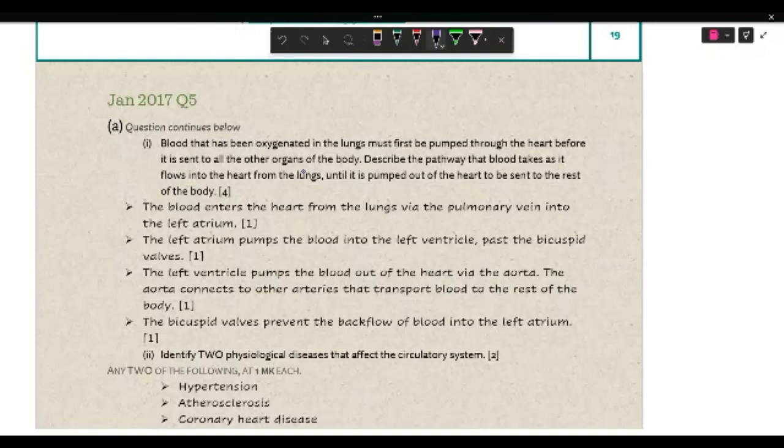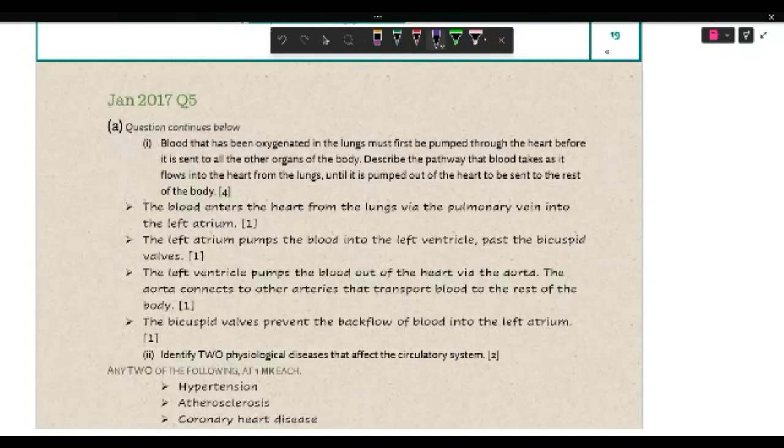And we have here, so we're basically being asked to describe your cardiac cycle, essentially, right? The flow of blood. And I shouldn't say cardiac cycle, that has to do more with the heart, the coordination of the heart pumping. But essentially the flow of blood through the heart as it pumps, right? So they're asking you to start from the lungs.